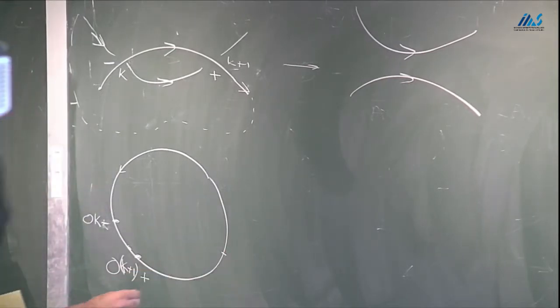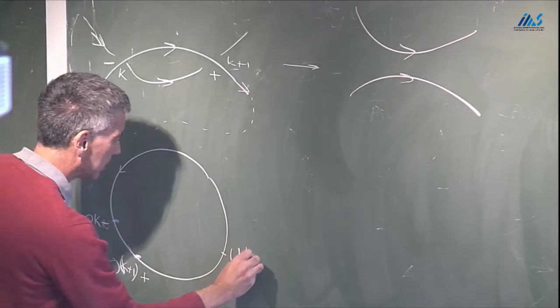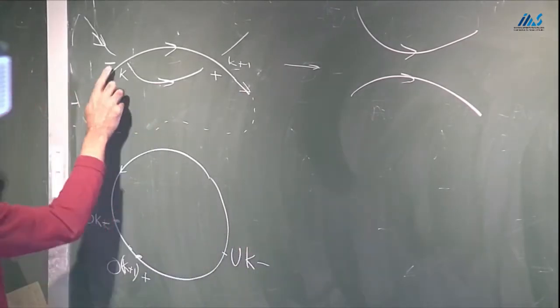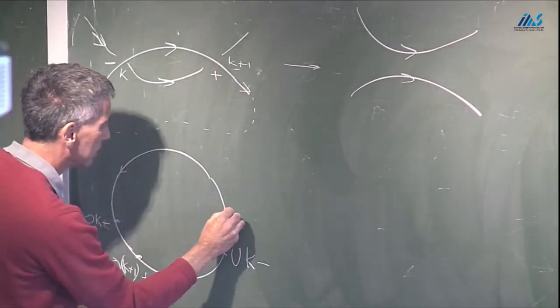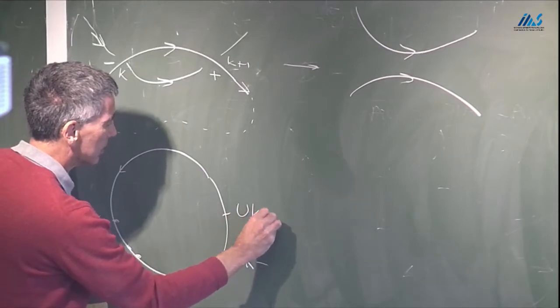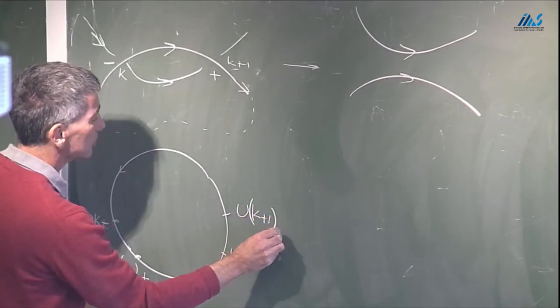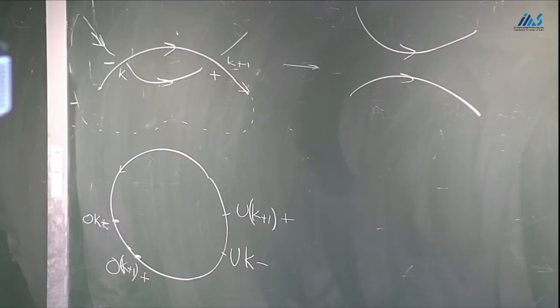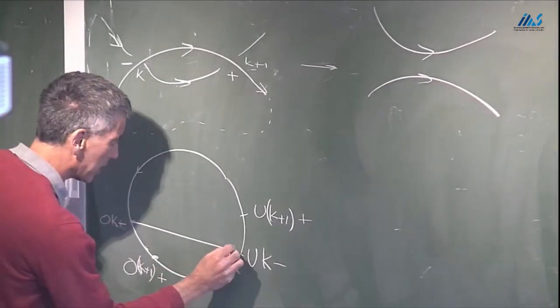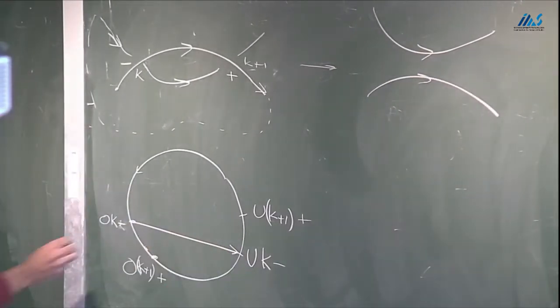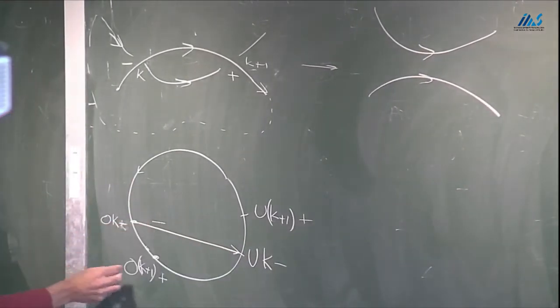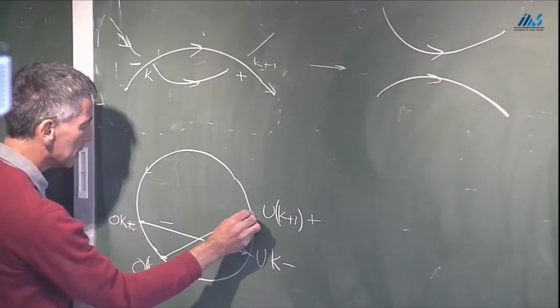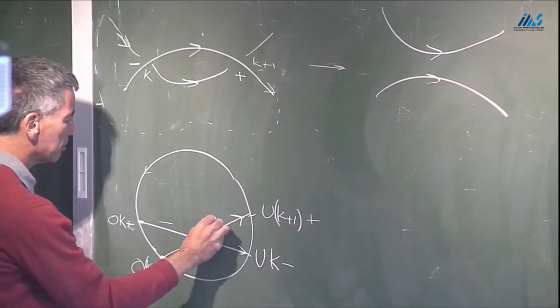And we'll go under k with a minus sign. And then we'll go under k plus 1 with a plus sign. So the Gauss diagram here will be, you'll go from over k to under k, so there'll be an arrow like this, and there'll be a minus sign here. And then this one will go like this with a plus sign.